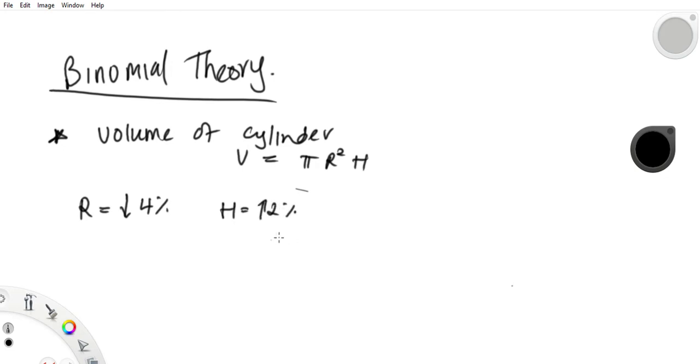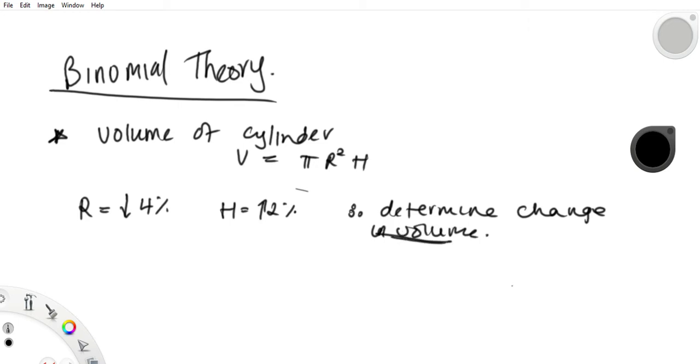You're told to determine the change in volume. Easy. So the volume of the cylinder, this is the equation, and these are the conditions I'm setting.